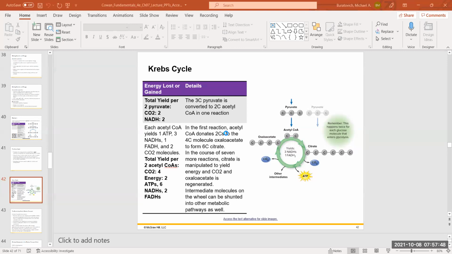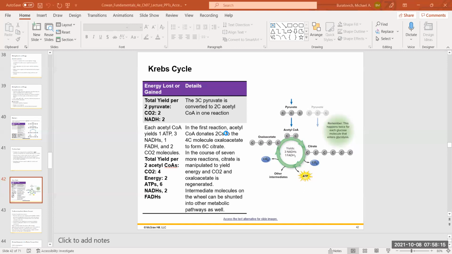Oxaloacetate condenses with acetyl coenzyme A, and you make citric acid. Citric acid then goes through a series of oxidations and rearrangements, and in this cycle, you end up regenerating oxaloacetate.